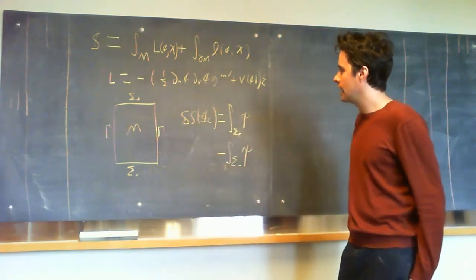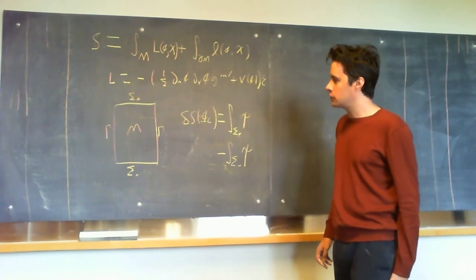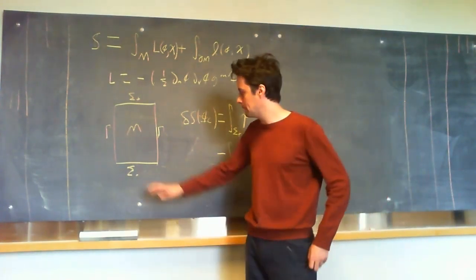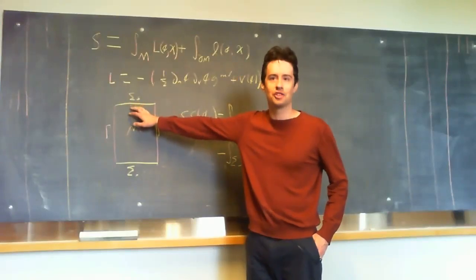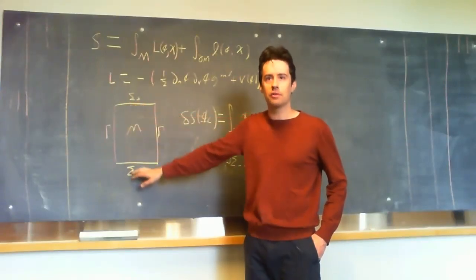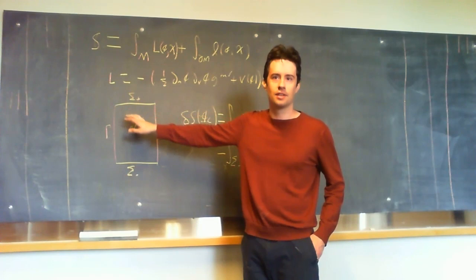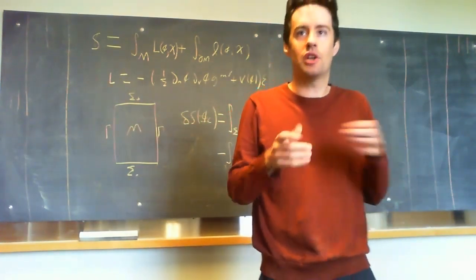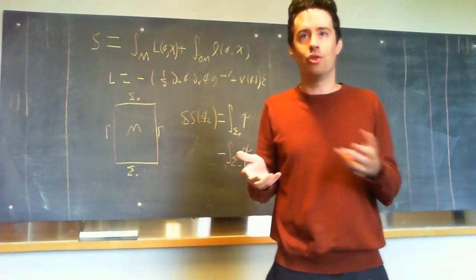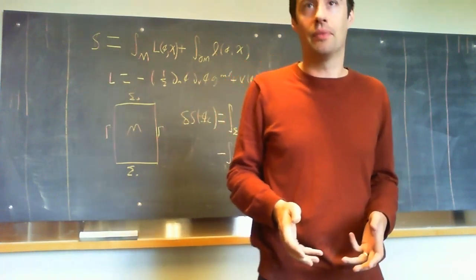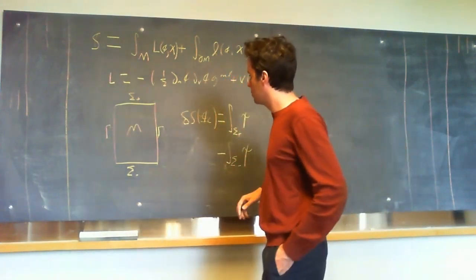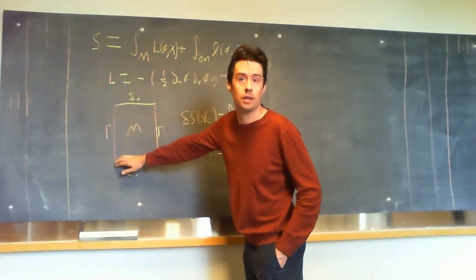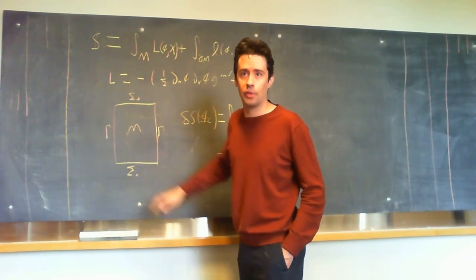But the thing is that when I talk about the set of solutions, it's very important that I don't want to impose boundary conditions in the future and the past. Because boundary conditions in the future and the past tell you what state you're talking about, right? So when you're talking about the theory, you don't want to specify the state. So I'm only going to impose boundary conditions at the spatial boundary, because that's part of saying what theory you have.